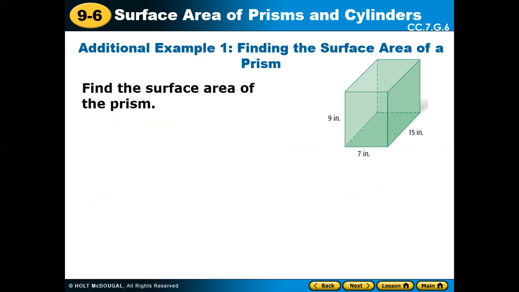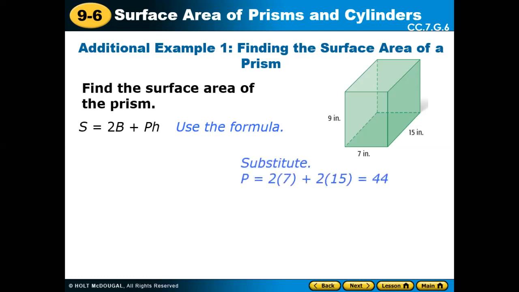Our first example for today is: find the surface area of the prism shown here with dimensions 7, 15, 9. First step, we write the formula S equals 2B plus Ph. Second step, we calculate the perimeter outside our formula, like this.